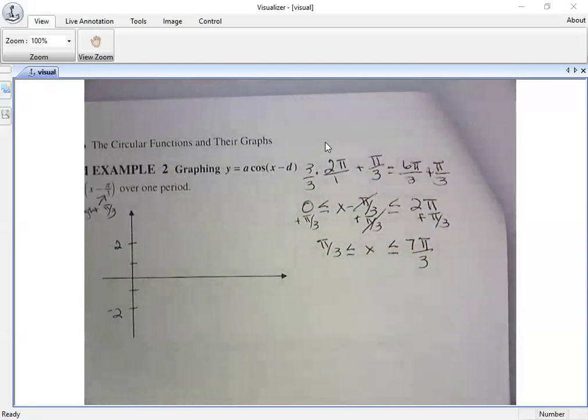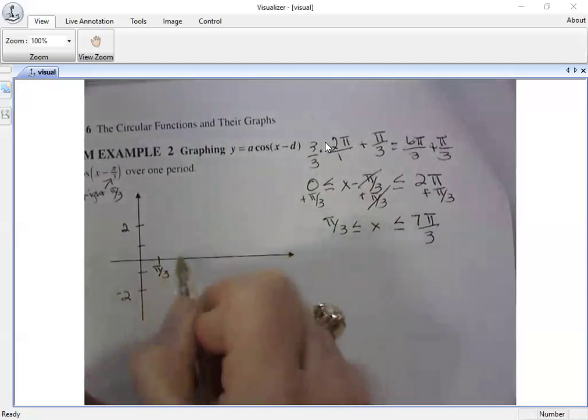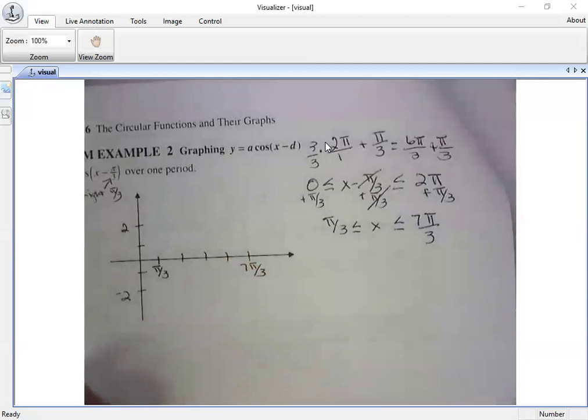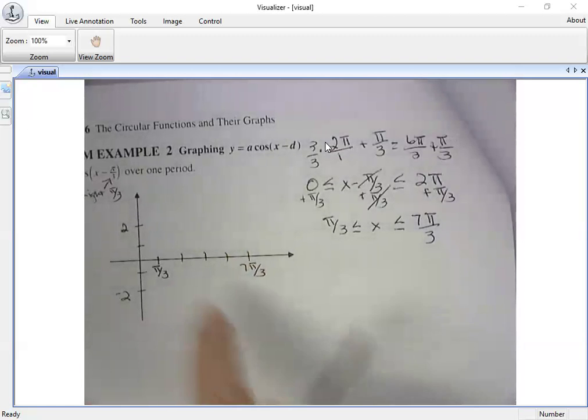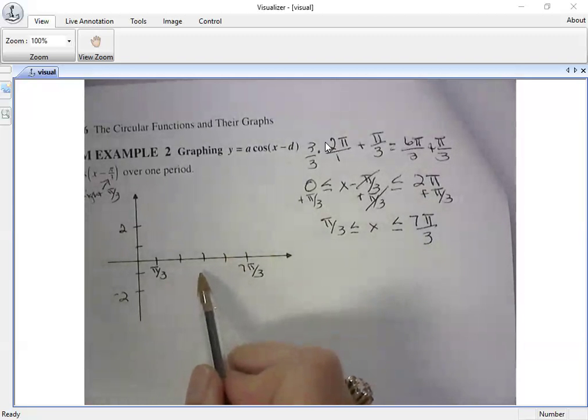All right, so here's what I know. This thing is going to start at pi over 3 and it's going to end at 7 pi over 3. Now, how am I going to figure out what all these other values are? Add them together and divide by 2. All right, I want you guys to see if you can tell me where this is.